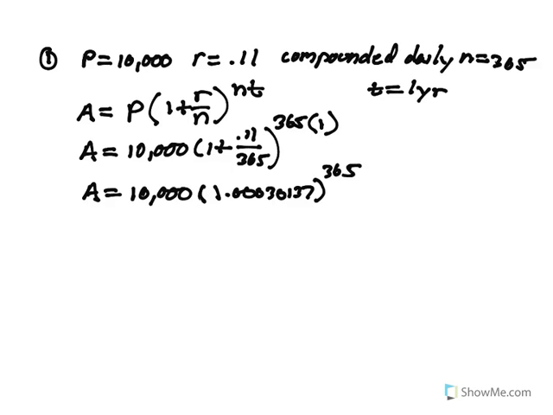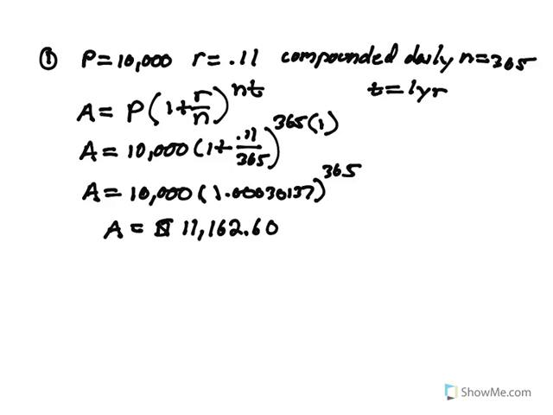Then you take that number, 1.000300137, raise that to the 365th power, and multiply that by 10,000, and you will get a future value of $11,162.60.